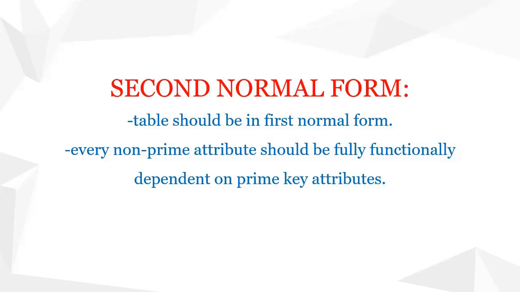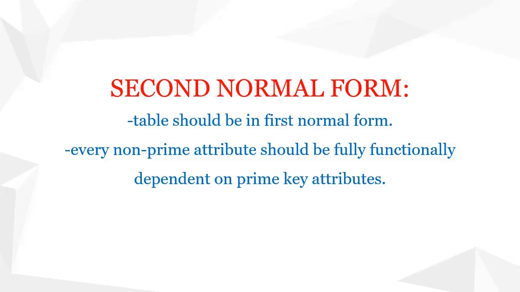A primary key or prime key attribute cannot have a null value, okay? By null value, it doesn't mean that it cannot have 0 as a value. 0 is a particular value. A null value is, for example, when you are creating and inserting data into the table and you have not given any value to a particular field. Then it will not show any value in that field while fetching the data.